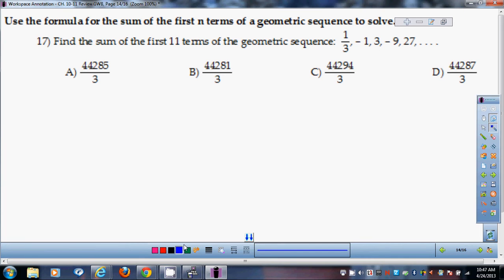Very good. So, Nate, here we go. Of what's on the board, what is my a sub 1? What's my first term? That's right. No glasses today? You can stand up and get closer. Okay, a sub 1 is 1/3. What is my r value? And how am I going to find my r value?